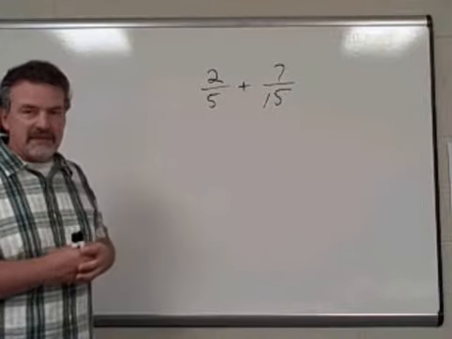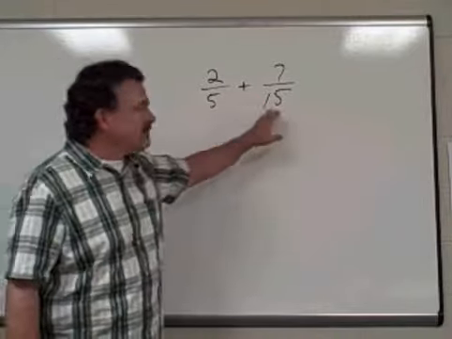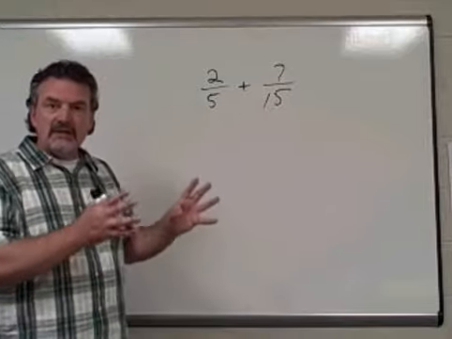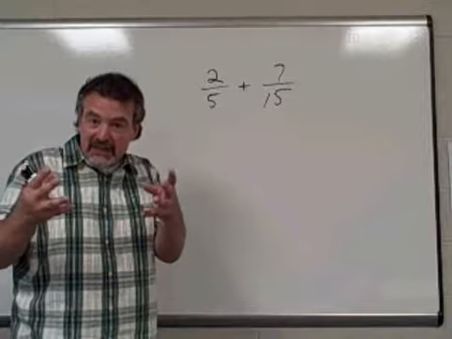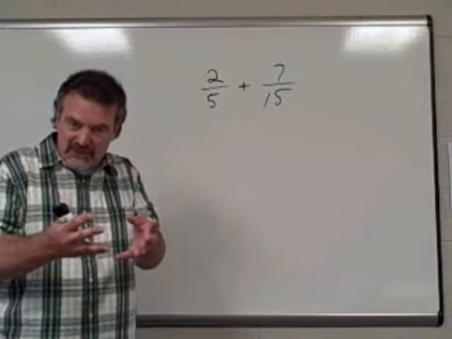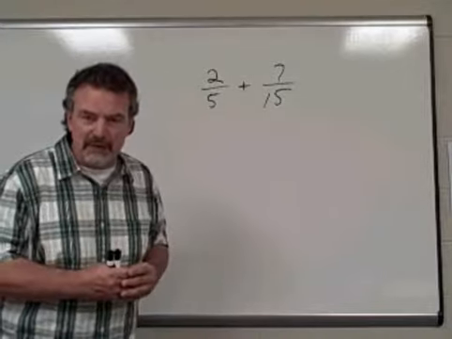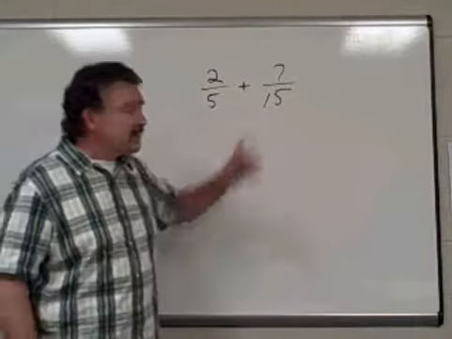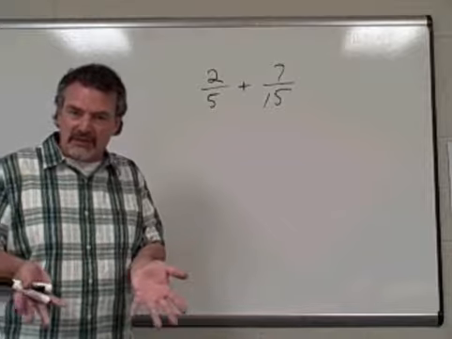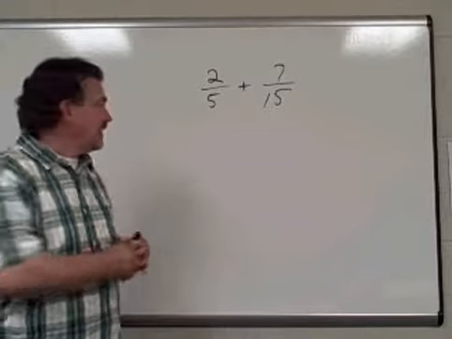So what we want to look at in this video is how we figure out that common pair of pants, a pair of pants that's big enough for the two fractions to fit into. Now, sometimes we can just recognize what that common pair of pants is.